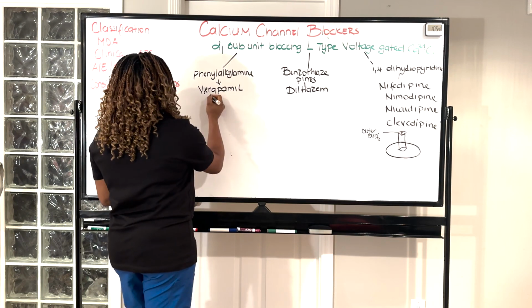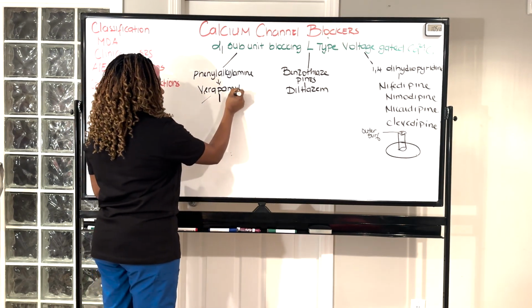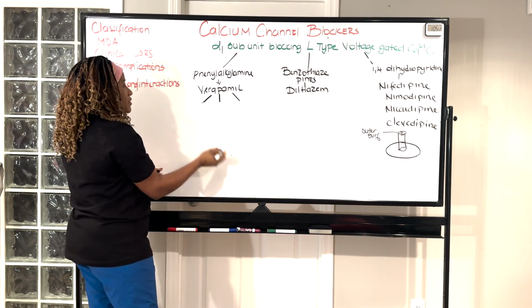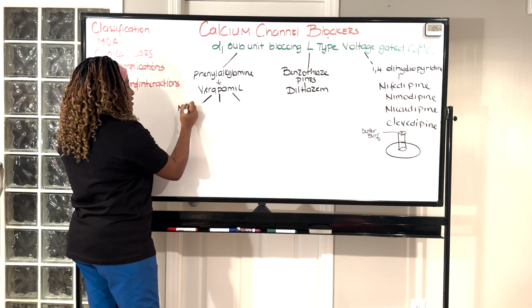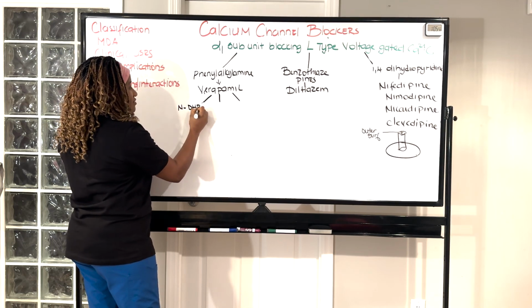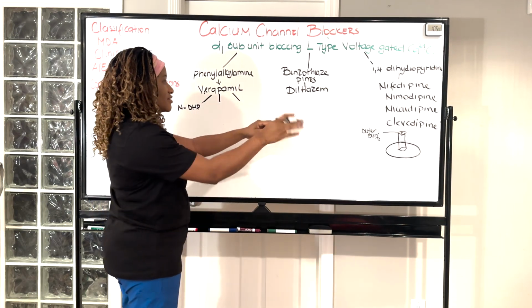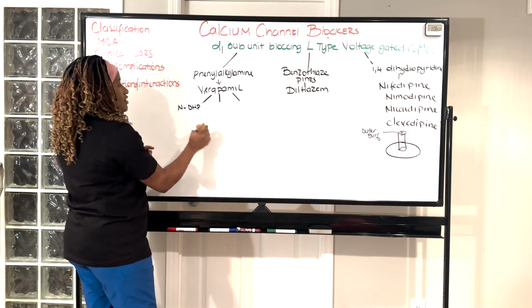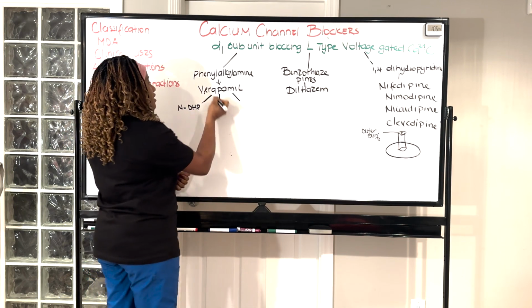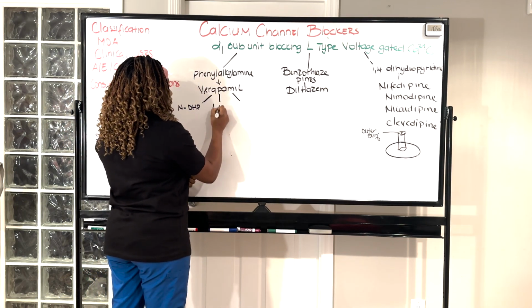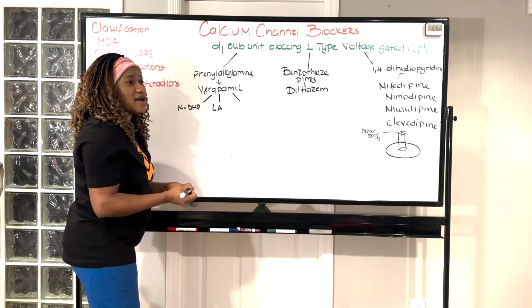Let's talk about verapamil. Verapamil is a non-dihydropyridine, because we saw where the dihydropyridines work and their group. So these are considered non-dihydropyridines. Verapamil also has local anesthetic property.